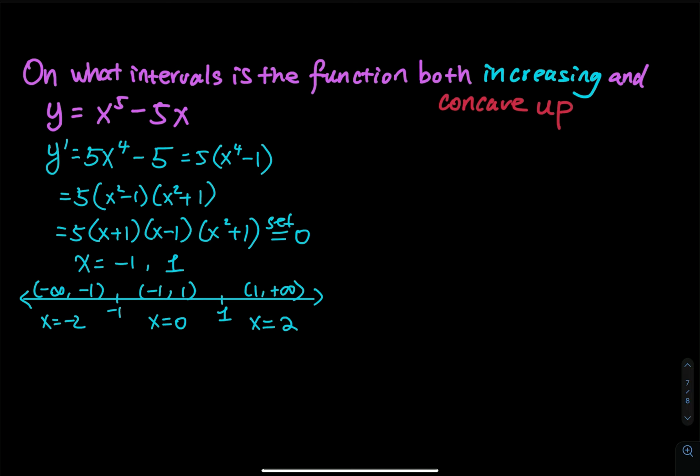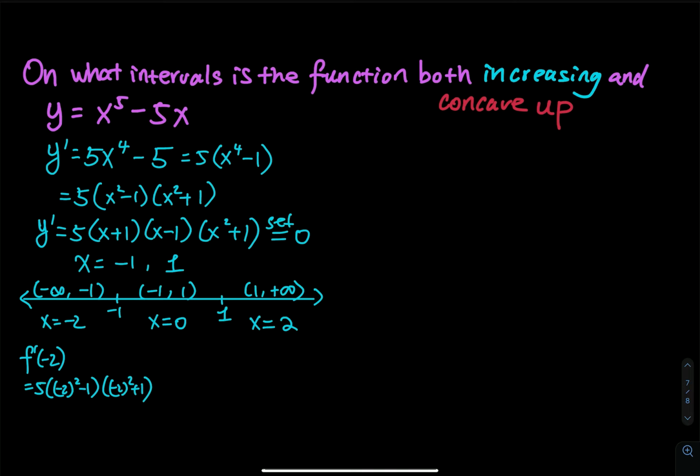And then tell me what f prime of -2 equals. All you have to do is plug in -2 into the first derivative, which is 5 times -2 squared minus 1, and then you have -2 squared plus 1.